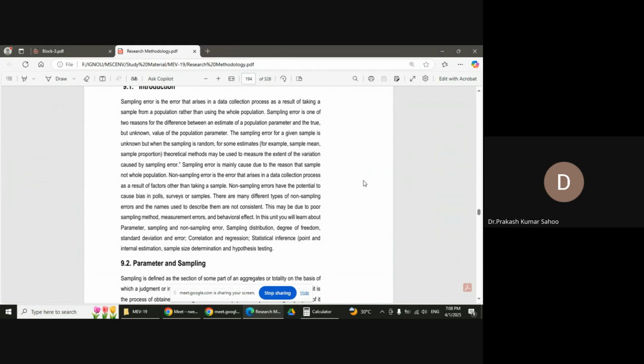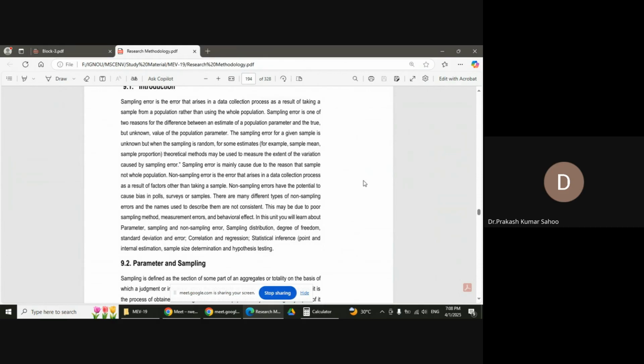So this sampling error is not instantly known during our sample, that is, what type of error we are coming under, or what error has been committed by the researcher or the scholar.